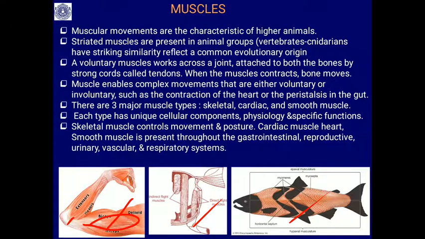Each muscle type is unique, having different cellular components and different physiology or functions, and each performs a specific function. Skeletal muscles control the movement, that is locomotion, movement of your hands, legs, and your tongue, that is a muscular organ, skeletal muscle.